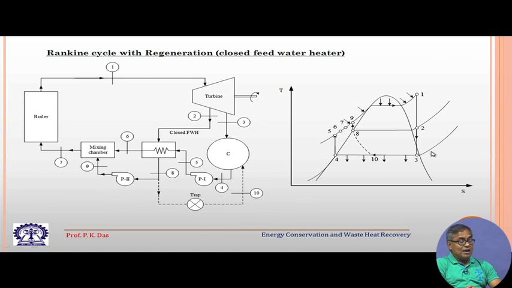Then the condenser has to take care of the extra load of cooling. As I have told, from the energy conversion point of view this is not a good option, but even then from the practical point of view, in many cases this is applied. So, this is how the closed feed water heater operates.